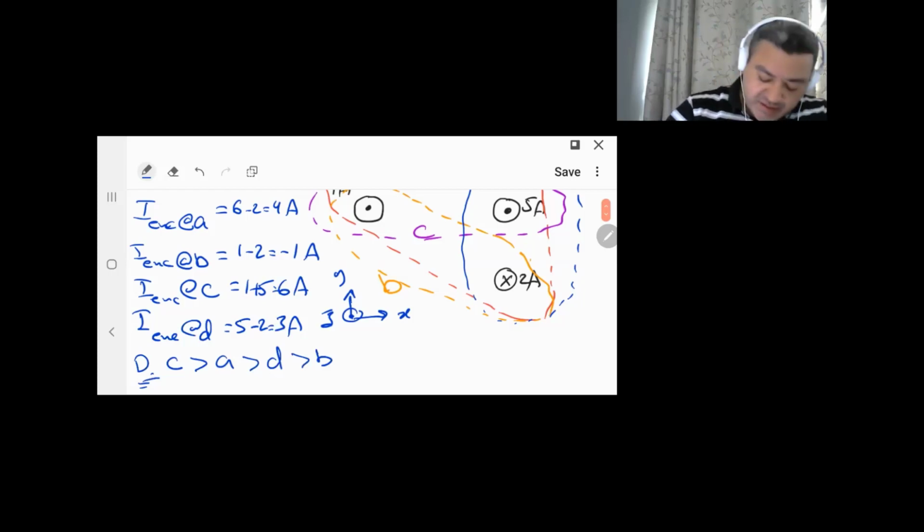Yes, that's correct. So we have here C is the greatest and B is the smallest.